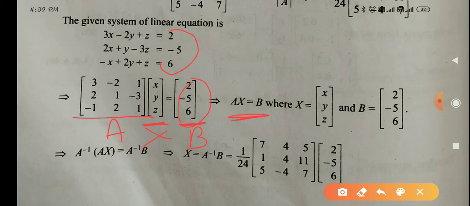So Ax equals B. So x will be A inverse B. Why x will be A inverse B? Because A inverse already you have found.